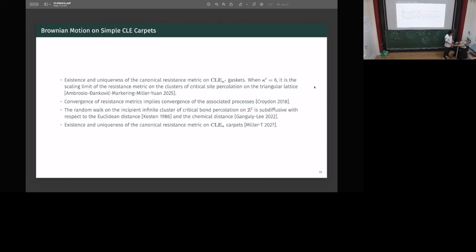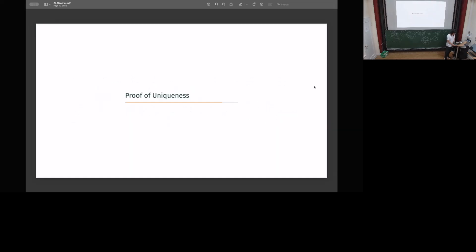So Jason and I are now working, trying to construct this also for the CLE carpet, and hopefully this question mark will be at most 6, maybe. Do you have to do a tightness proof? Do you need to do something completely different for the geodesic case?